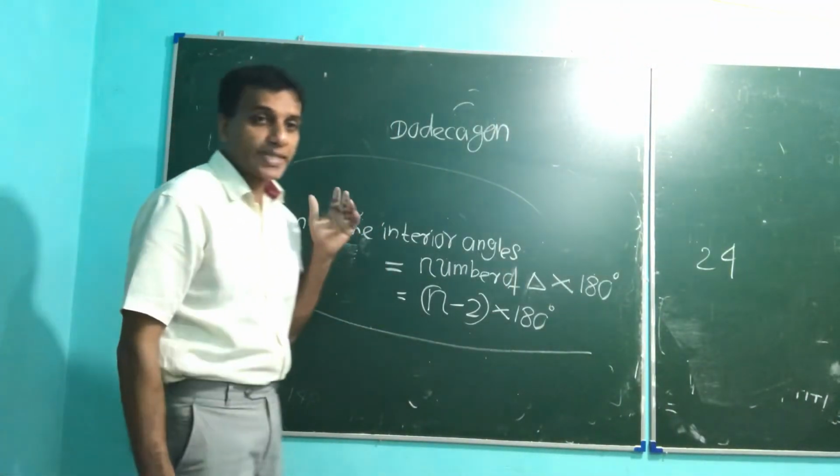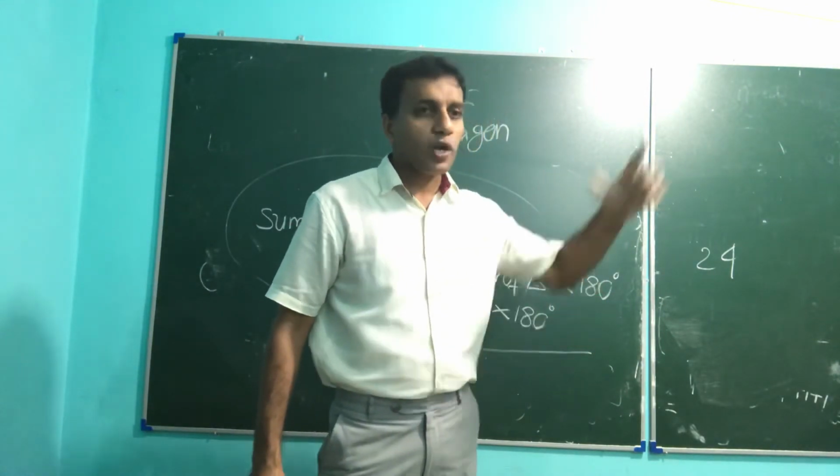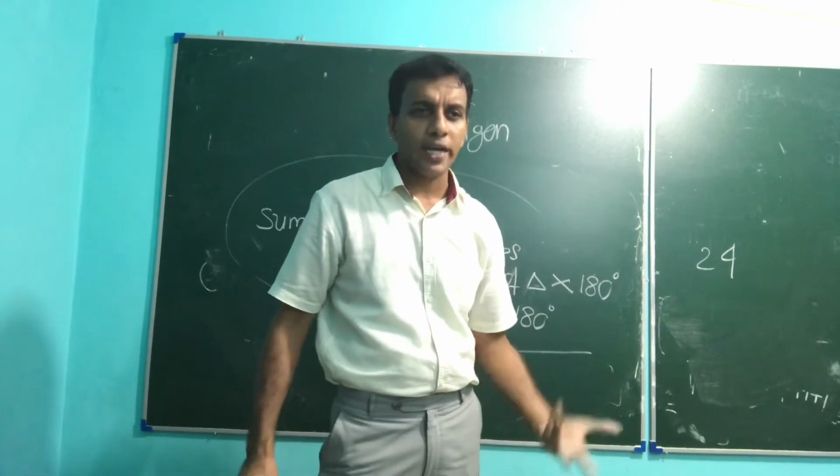Dodecagon, right? 12 sides. Therefore, 10 triangles available. You can use method 1 or method 2, any method.